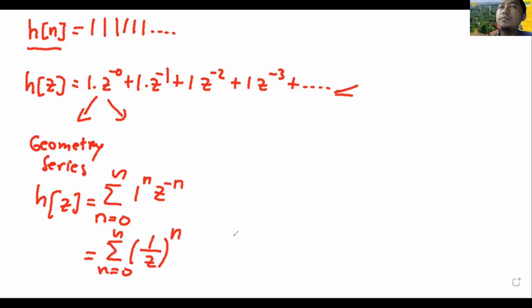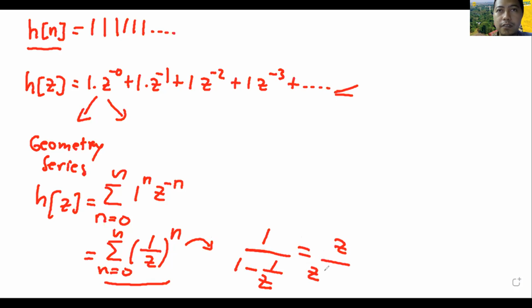Using the geometric series, because this one is a series, by looking at the table, we can write it as 1 over 1 minus z to the minus 1.